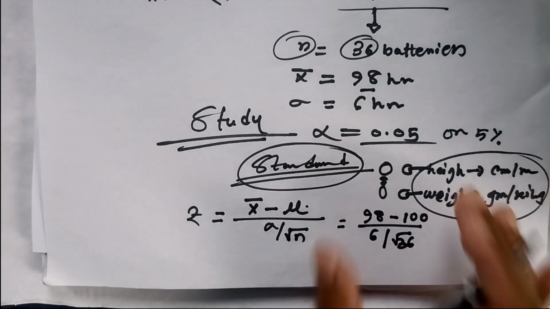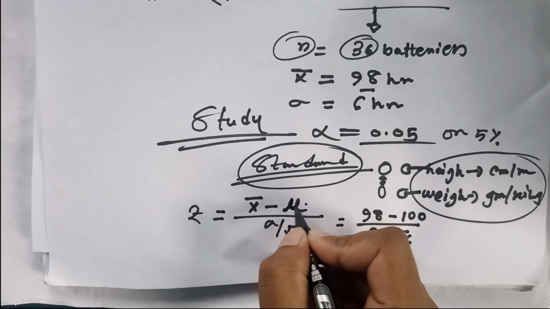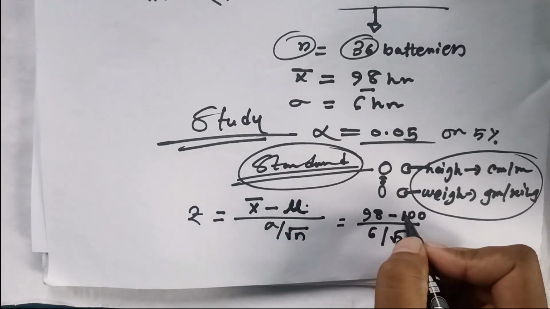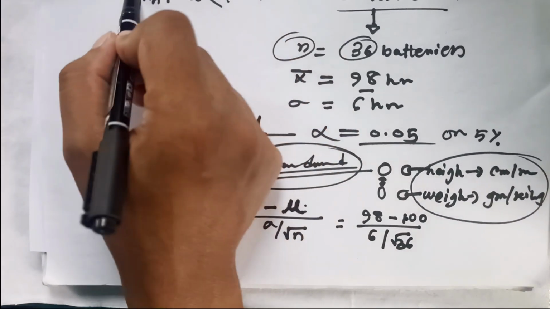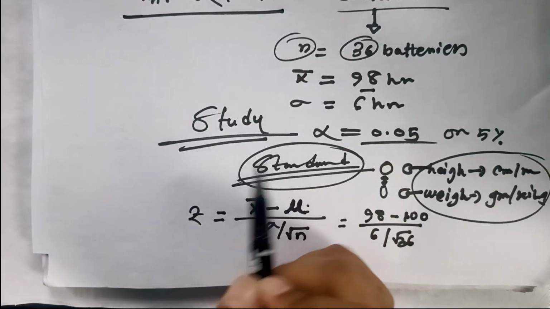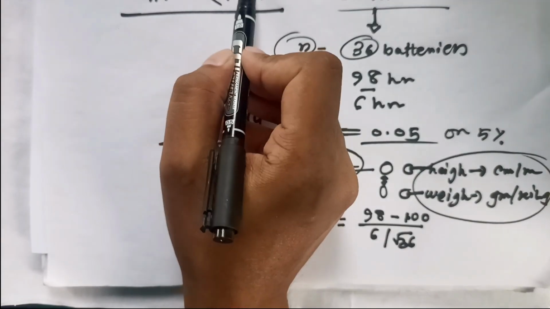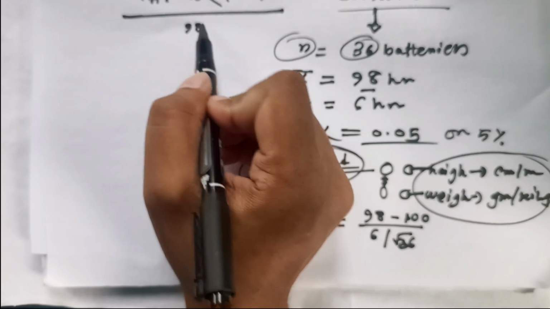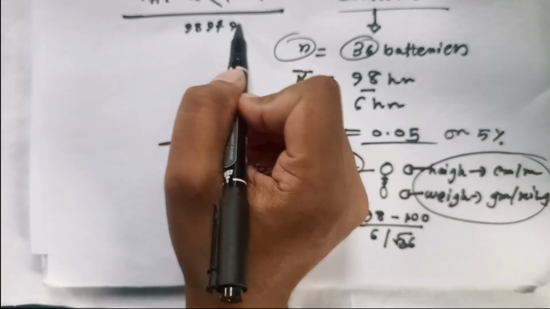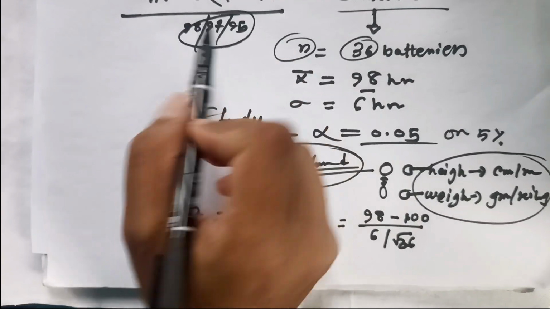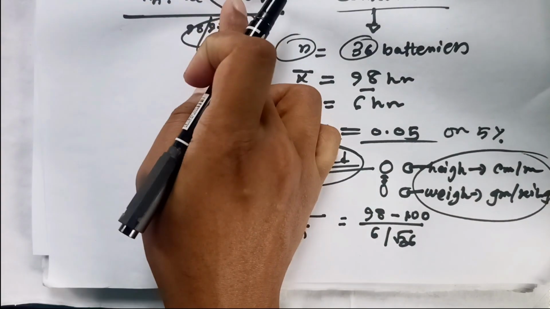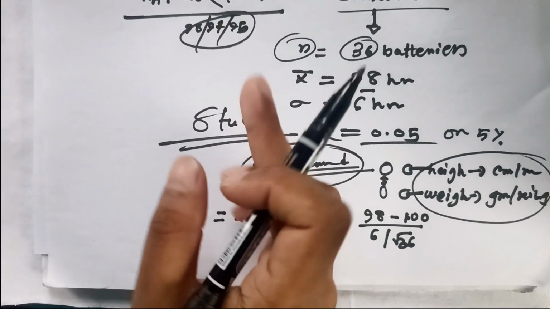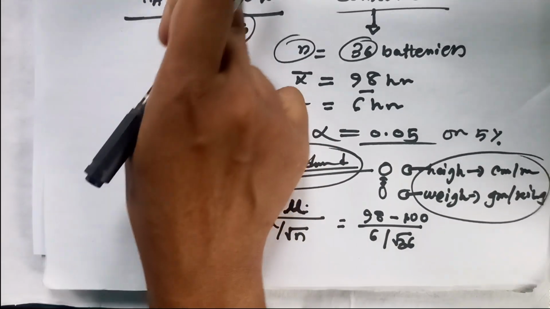There's an important note. This mu we put as 100, but there are two conditions about this mu. One is mu is 100, another one is mu is not 100. We can guess 98, 97, 95. We can guess anything in this alternative condition, but we didn't do that. We use 100.